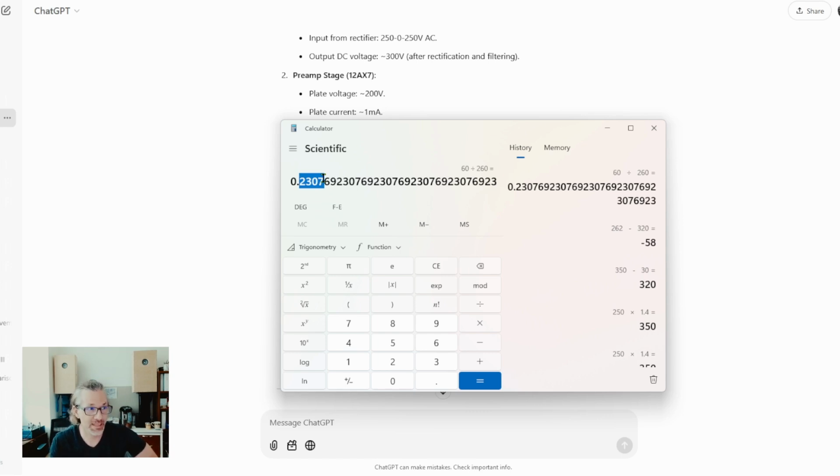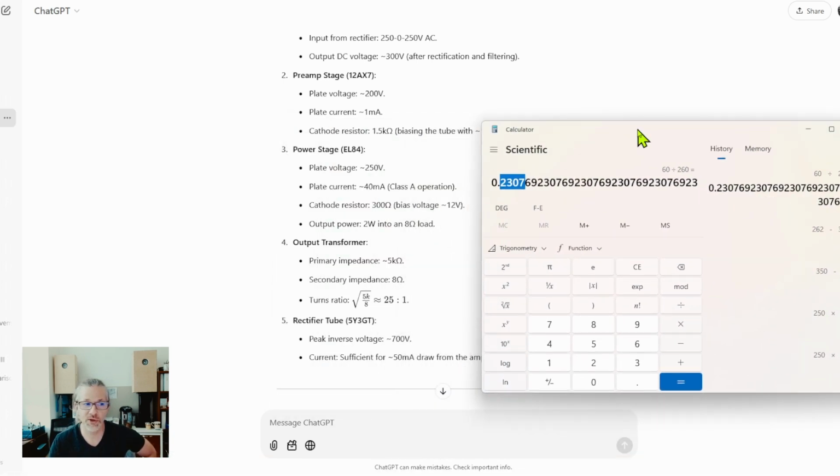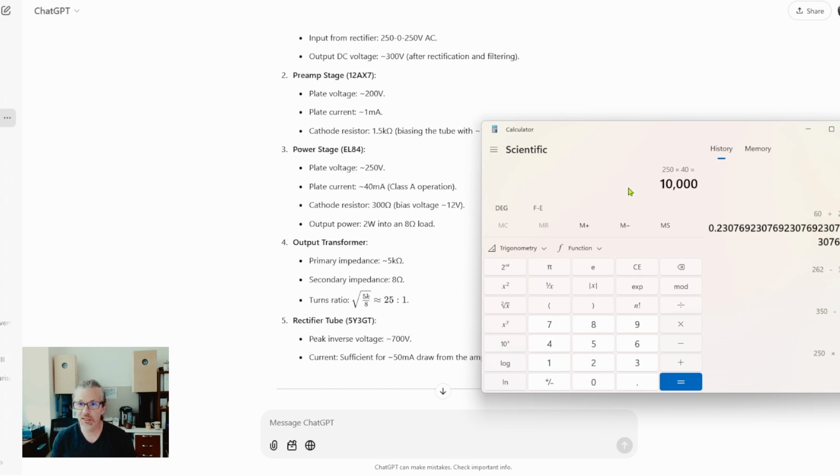Now that's a lot. Eventually, if you look into it, let's make a calculation of the wattage. How hard are we running the tube here, or how hard AI proposes to run it? 250 volts times 40 milliamps. So let's go back here. 250 times 40, that's 10 watts of plate dissipation.